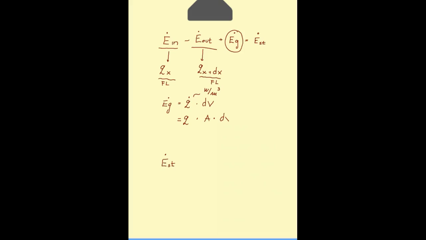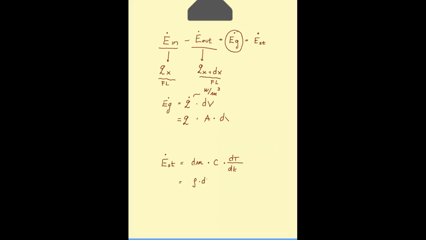We write the change in the stored energy as the product of the differential mass of the differential volume times heat capacity times the change of the temperature over time. Differential mass can be expressed as the differential volume times the density.